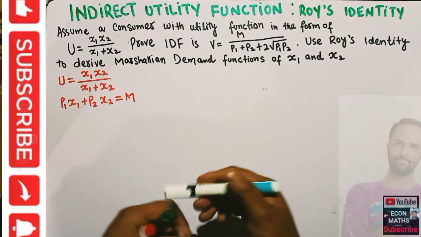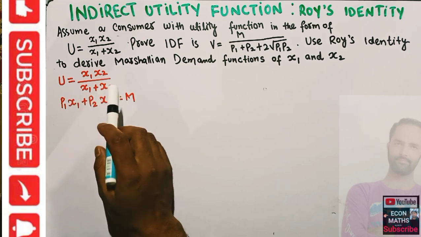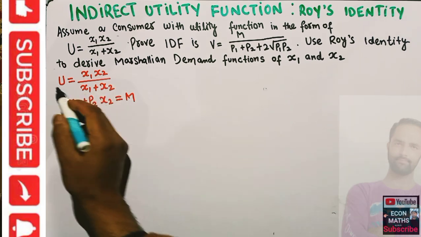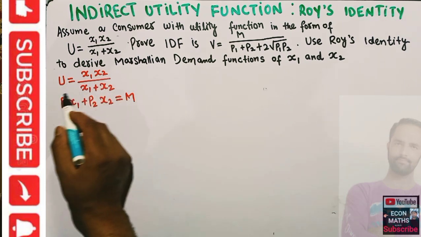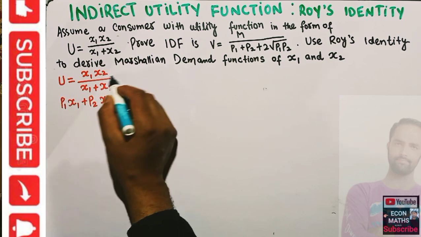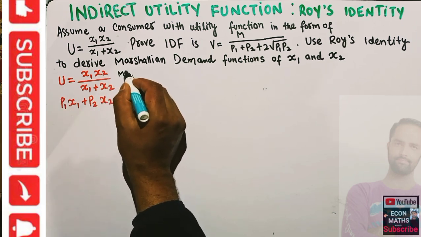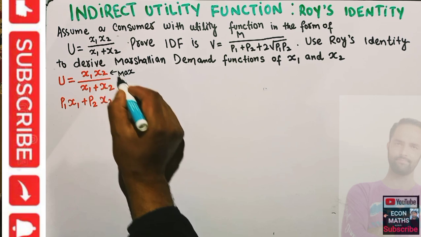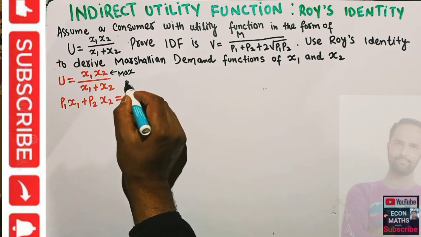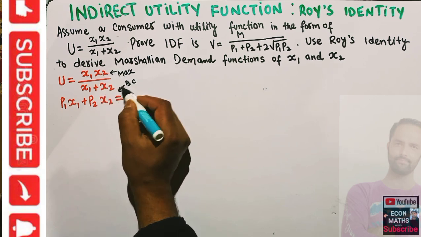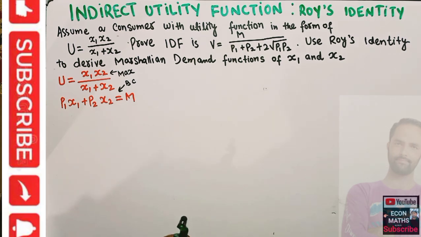To find the demand function for good x1 and x2, we need to maximize this utility function subject to the given budget constraint. How do we do this?